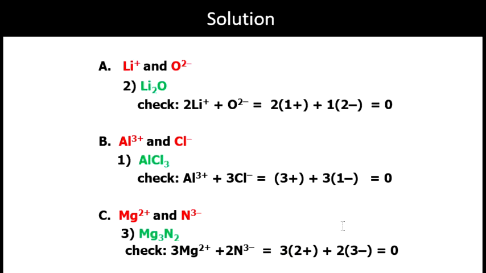So in this slide, you will see why we need to cross and write down the numbers. It helps you understand we need to have these ionic compounds because the total charge is 0 for each ionic compound.